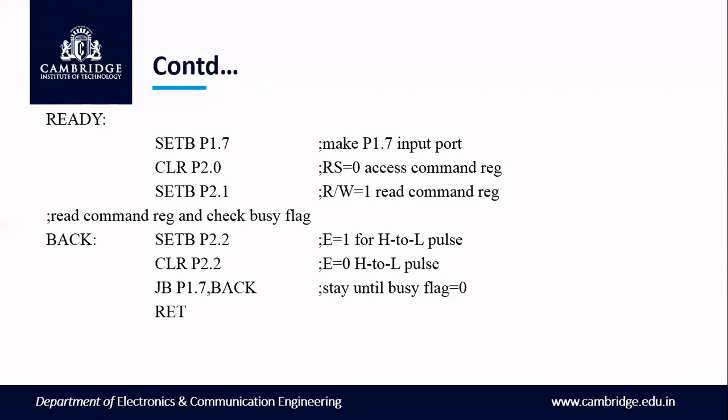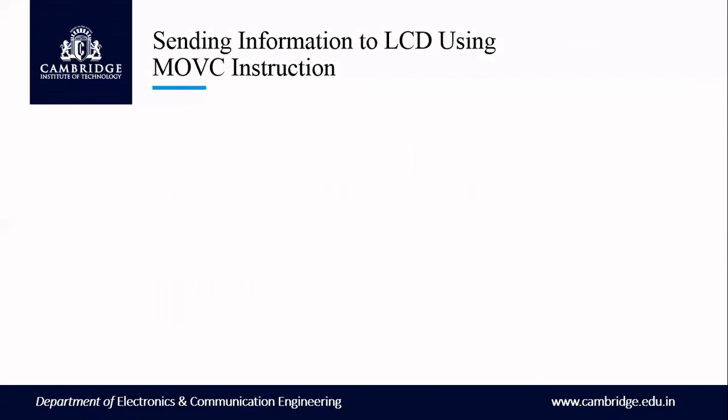So next we'll learn, in the previous course, I think you have understood how to send the data. So while sending the data, you are sending a single character, like that. If you want to send a string of characters, then we need to write a string of characters into the program memory. Then we need to access that memory using an instruction called MOVC.